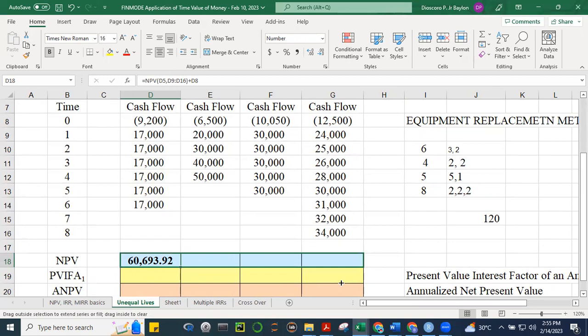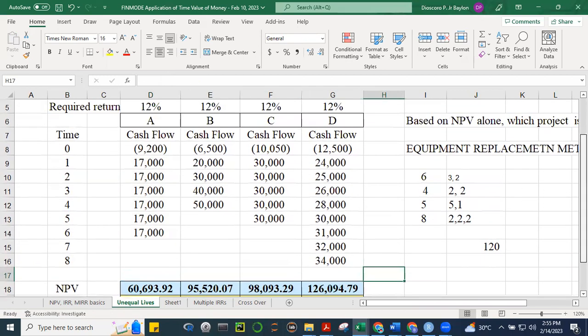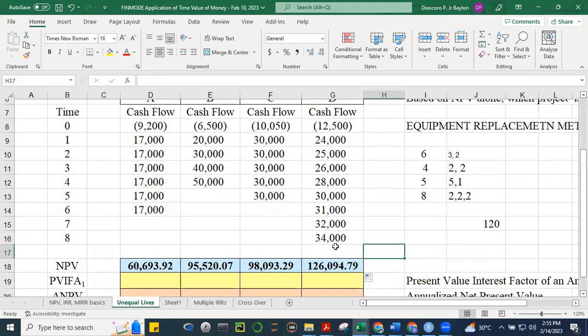So the net present value for project A is 6692.93. No? If we copy this to the right, okay, we know that based on the cash flows here, mas malaking yung cash flow si D kasi mas maraming siya, di ba, years. Okay, so if we're going to base it here, project D is better.